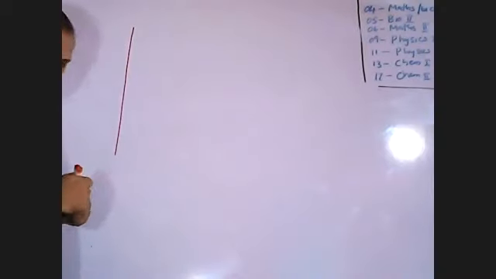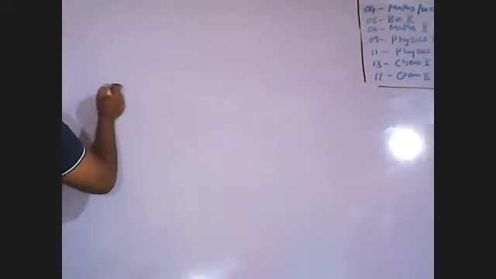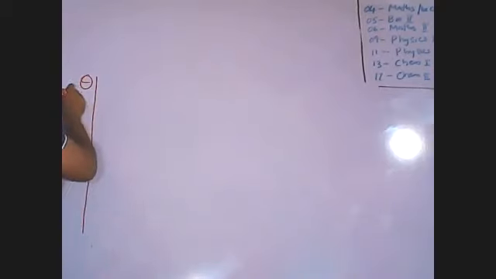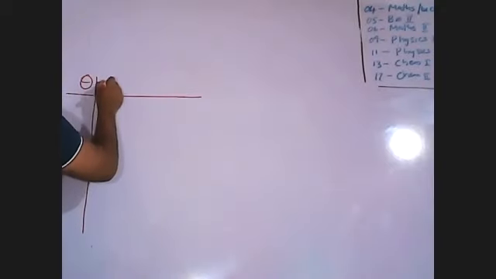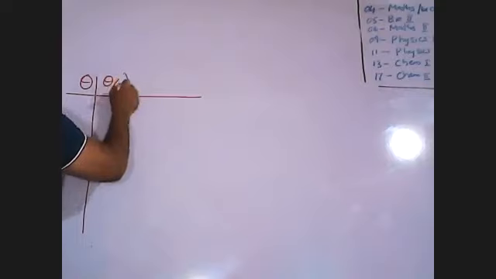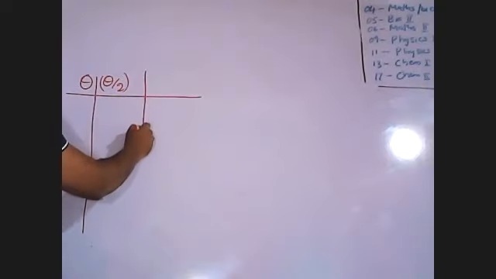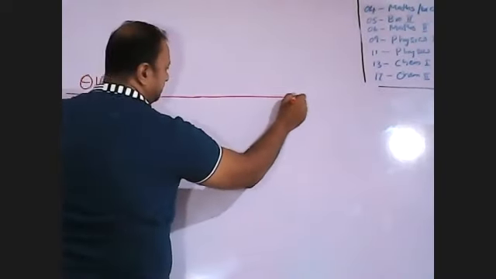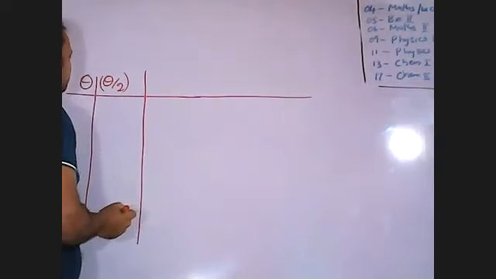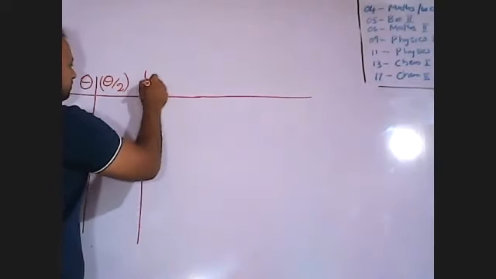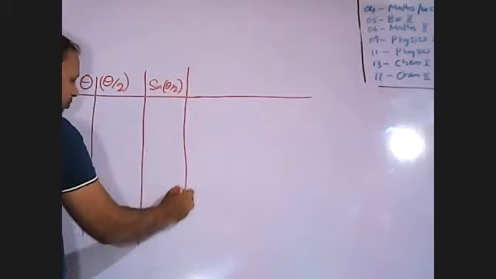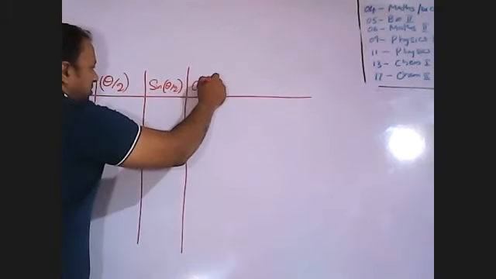Suppose this is theta, then theta over 2, then sin theta over 2, cos theta over 2.